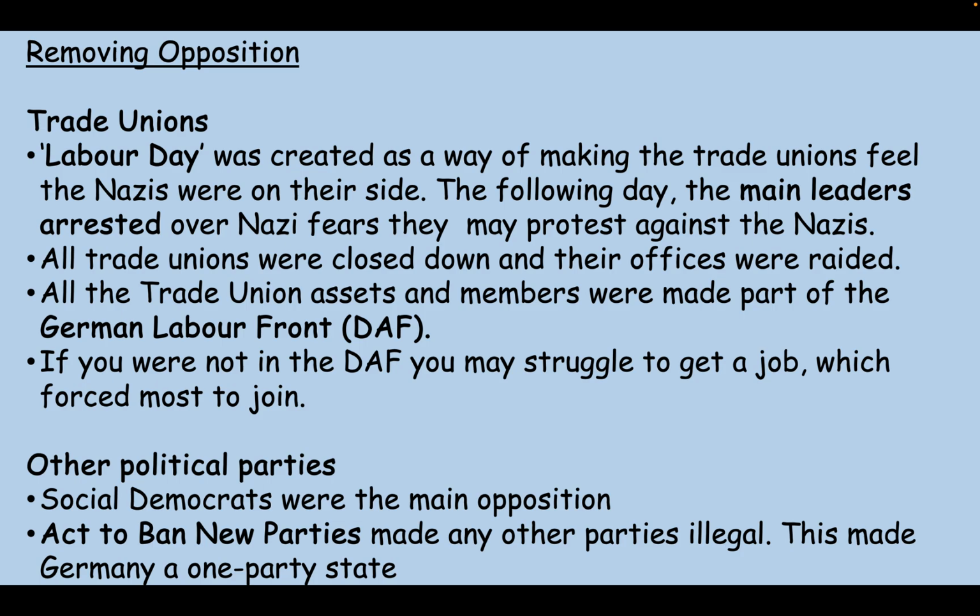And this is really the final nail in the coffin, where the Act to Ban New Parties makes it illegal to be a member of any other political organisation. So it makes Germany a one-party state. So if you want to be a member of a political party, it can only be the Nazis. And at that point, it is illegal to be a member of any other party. So they're removing every element of opposition that they can.